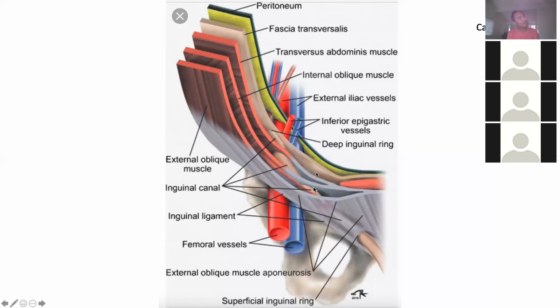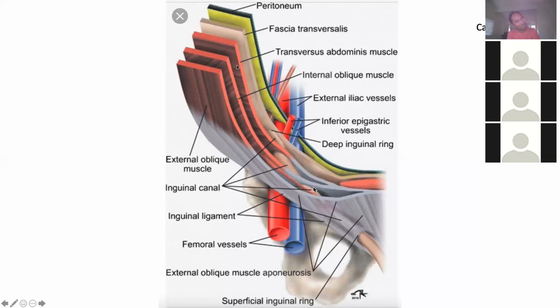And look at that. So this is the external oblique, internal oblique, transversus abdominis, and fascia transversalis. Don't confuse fascia transversalis and transversus abdominis. Fascia transversalis is one layer before we get to the peritoneum.